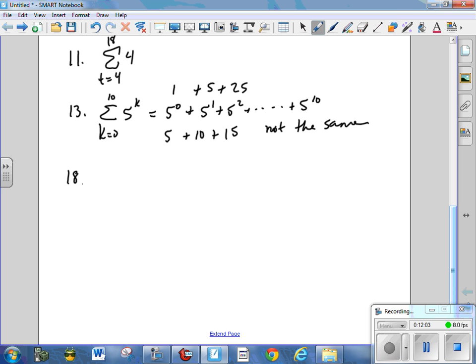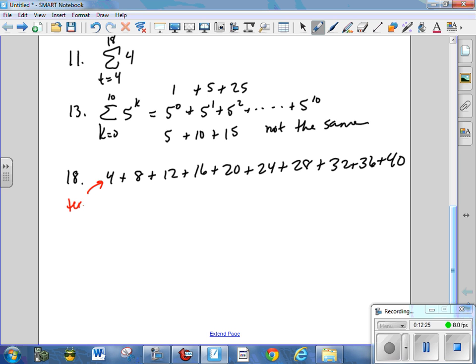So when you have one like 18 and you don't have answer choices, how do you write sigma notation? 16 plus 20 plus 24 plus 28 plus 32 plus 36 plus 40. What I suggest that you do is recognize that these are your terms, and they all have a term number.